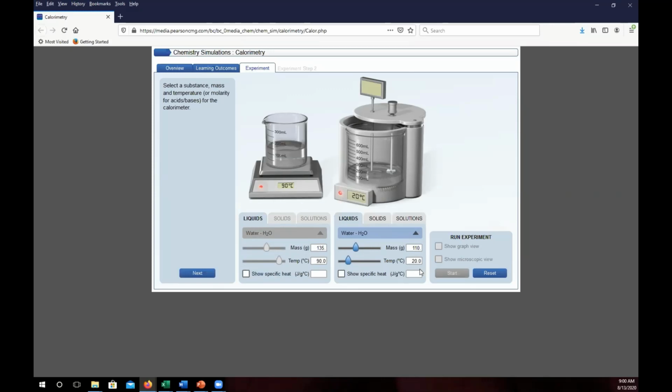In the second part of the experiment, you're going to be looking at the heats of solution of different salts. You'll weigh out different salts at different masses, all at a constant temperature of 20 degrees Celsius, and add that to a known mass of water, also at 20 degrees.